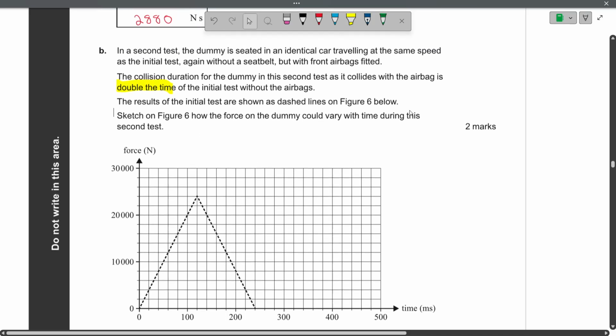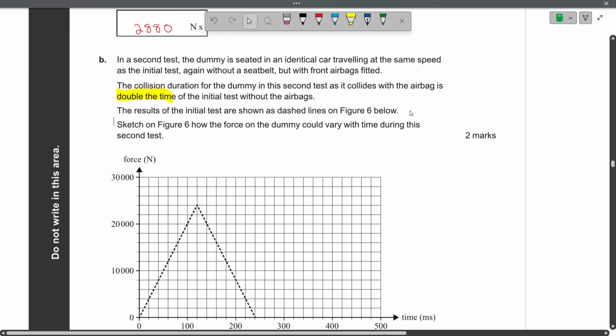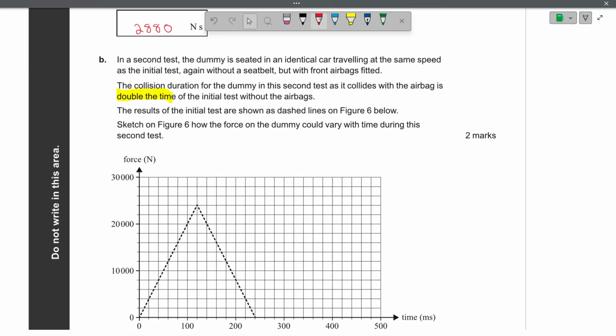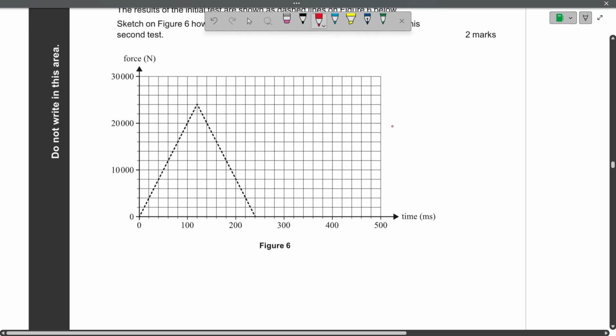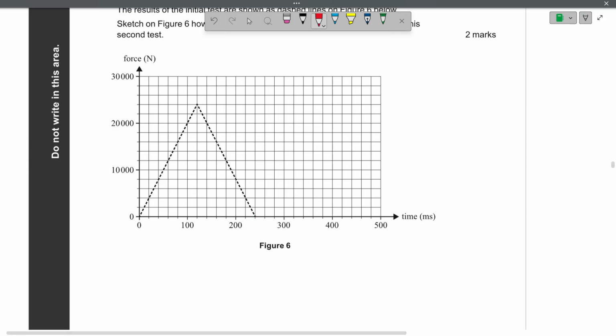Okay, so we know that the time has doubled for this collision. So instead of the collision lasting 240 milliseconds, it's now going to last 480 milliseconds, putting the end of the collision here.